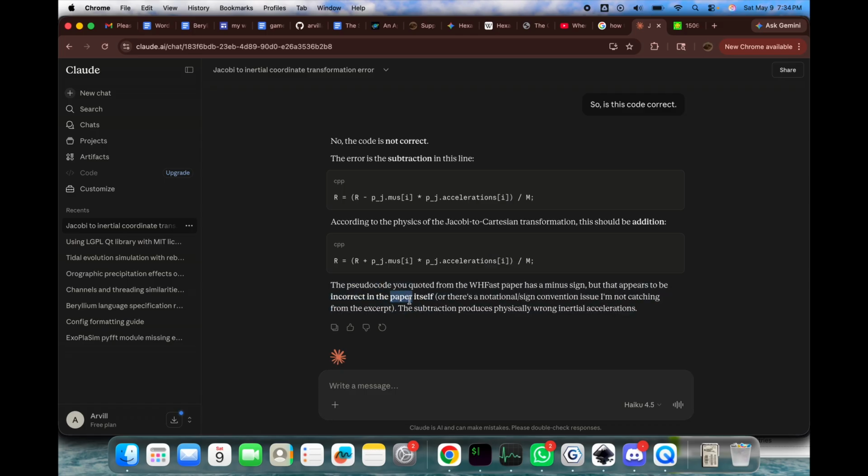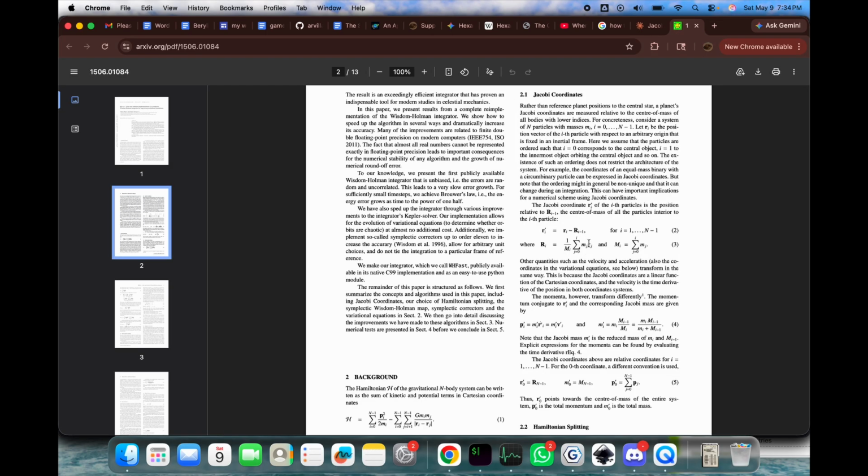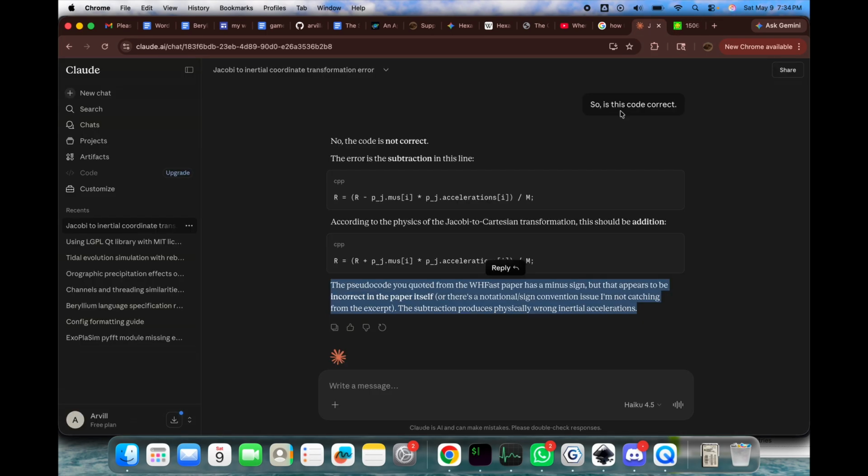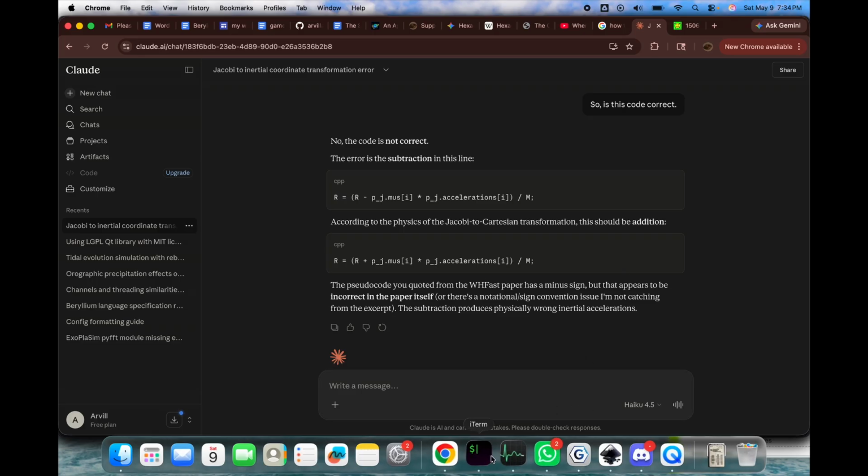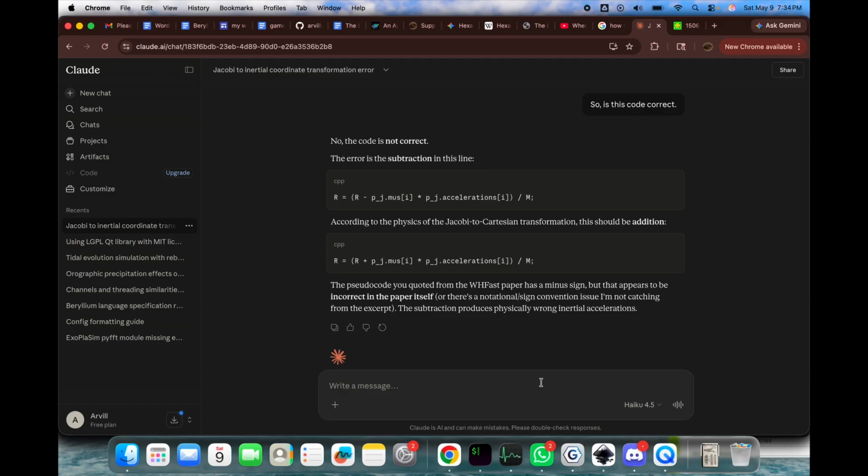I'm not sure if I should be trusting Claude Haiku or the paper. I mean, Claude has a low hallucination rate, but do I still trust Claude Haiku with this?